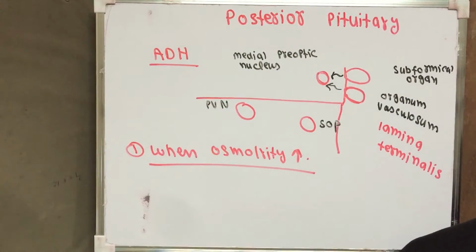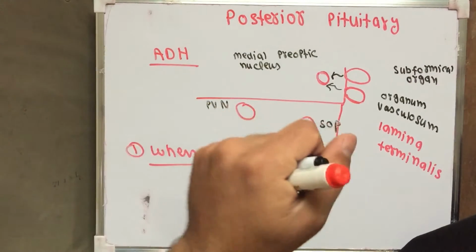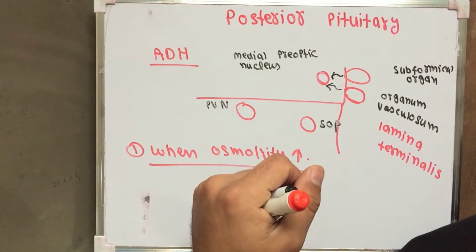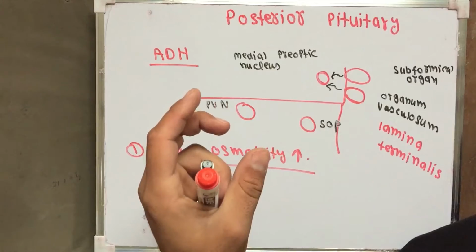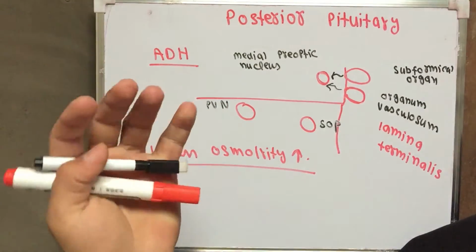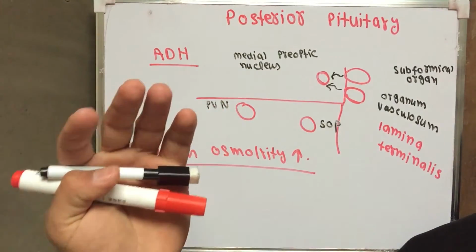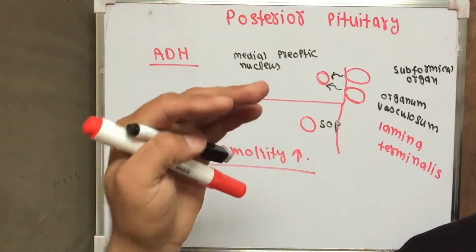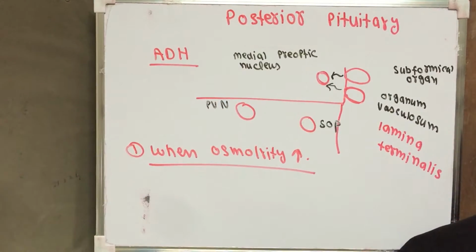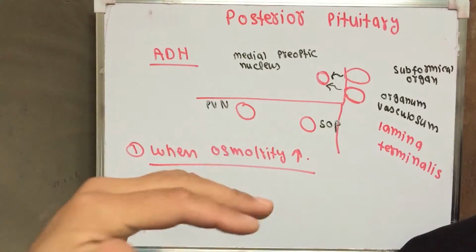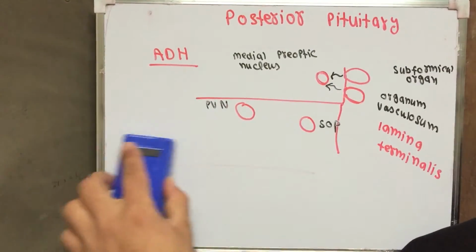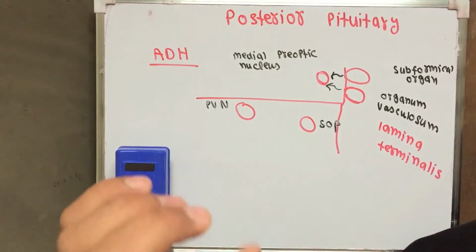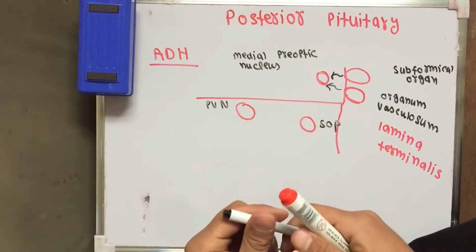This antidiuretic hormone concentration in the blood increases, which goes to the kidney and increases the permeability of the distal convoluted tubule and collecting duct, increases blood water content and decreases the osmolarity up to the normal level. We will discuss the action of antidiuretic hormone on the kidney later. So this is one condition. Another condition is when blood pressure is low.